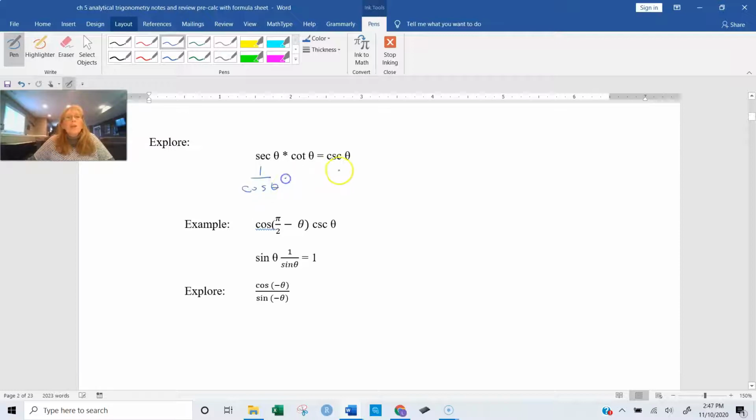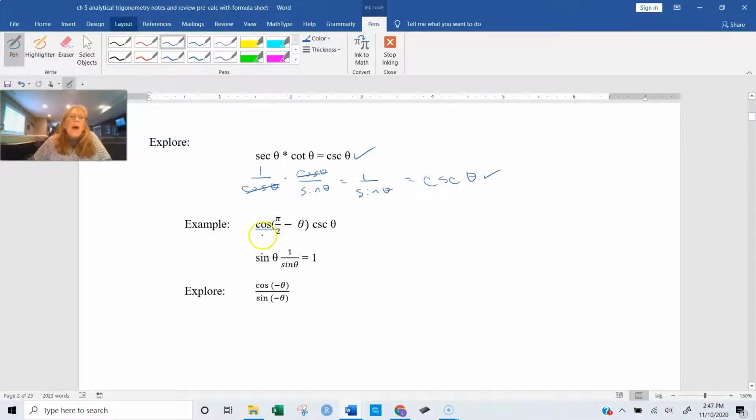We know the cotangent of theta is the cosine of theta over the sine of theta. All right, our cosines cancel. This equals 1 over the sine of theta, which is the cosecant of theta. We have proved our identity.